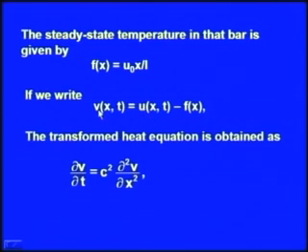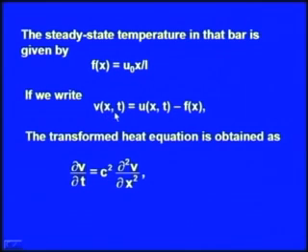And when you differentiate v with respect to x partially twice, you get ∂²u/∂x² minus ∂²f/∂x², but f(x) being a linear function of x, that is u₀x over L, when you differentiate f(x) twice with respect to x, it will give you 0.